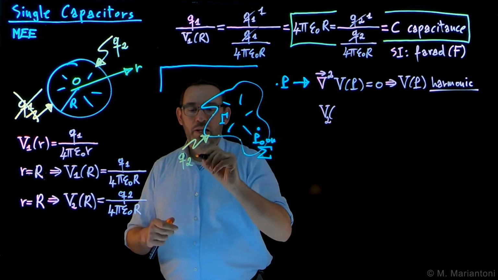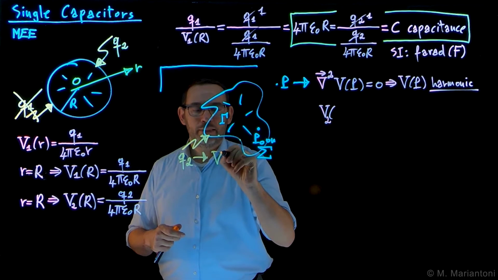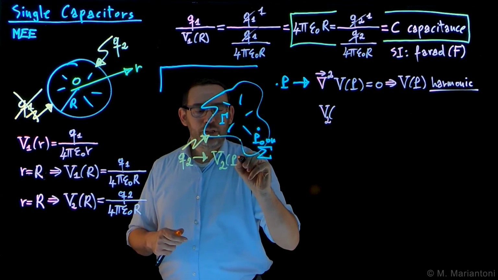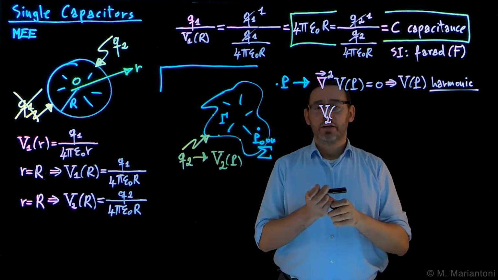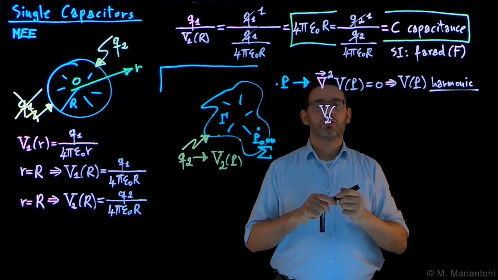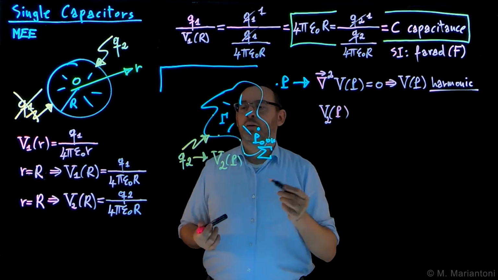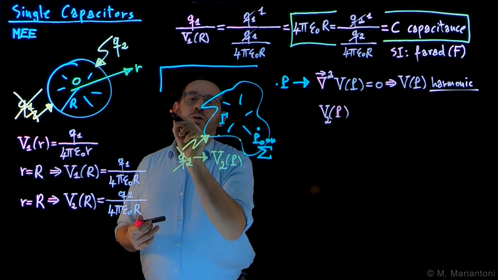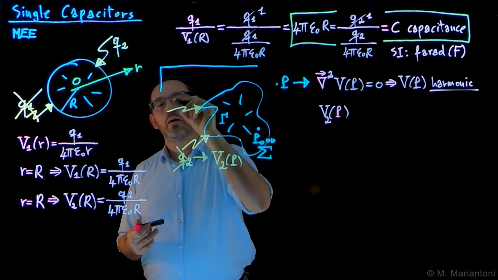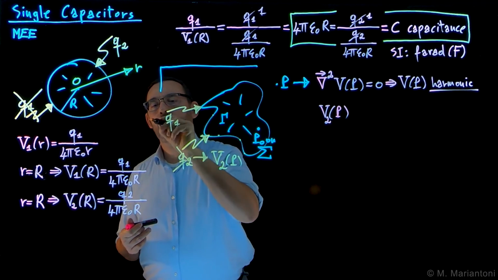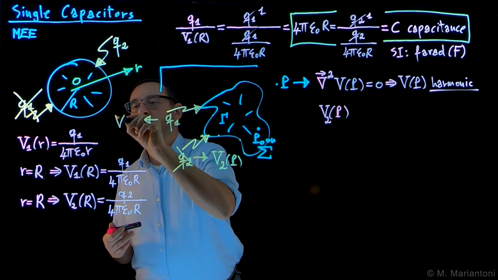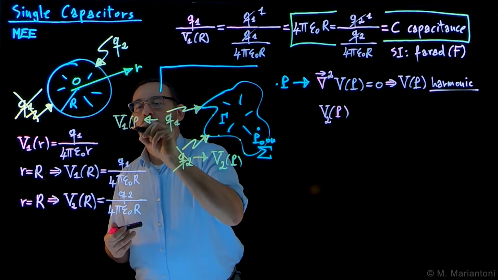So this Q2 results in a V2, in a similar fashion as we have seen for the sphere. So we get a V2 due to Q2, my source charge, at point capital P. Now, if instead I consider a charge Q1, this generates an electrostatic potential V1 at any point capital P.